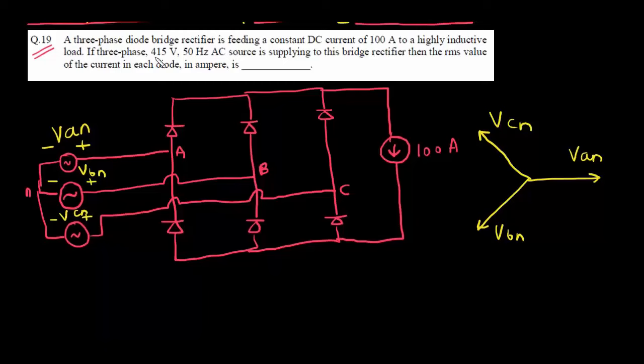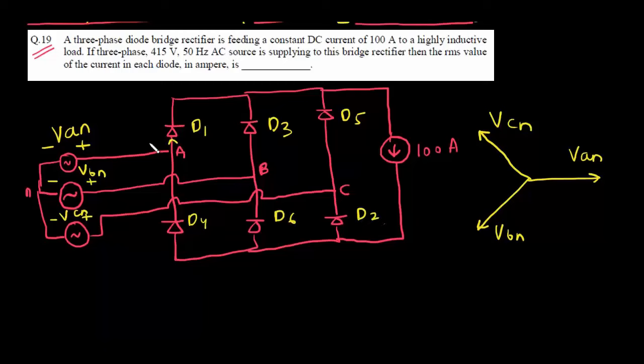If a three-phase 415 volt 50 Hz AC source is supplying this bridge rectifier, then what is the RMS value of the current in each diode in ampere? So we have to find the RMS value of the current in each diode. Let us name the diodes D1, D3, D5, D4, D6, D2.